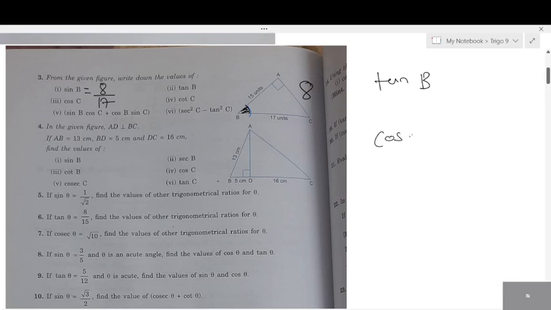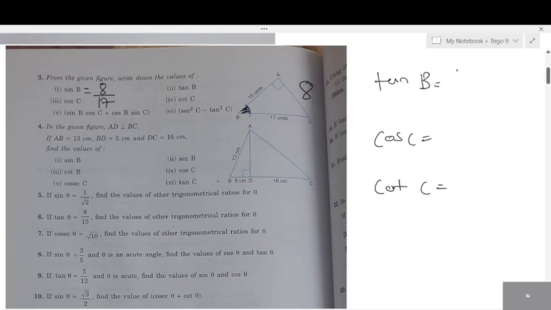Tan B cos C. What is tan B, students? What is the tan formula?